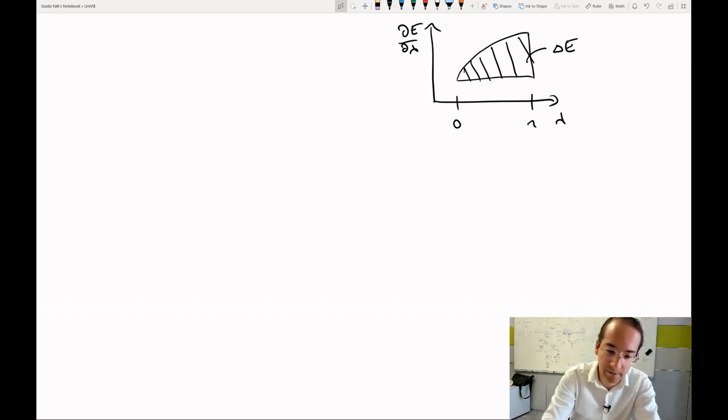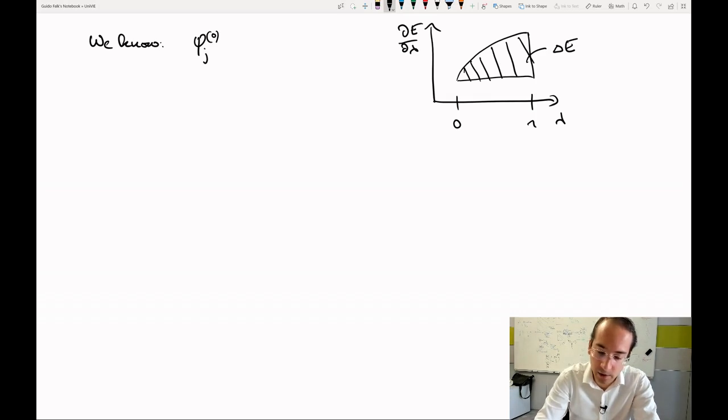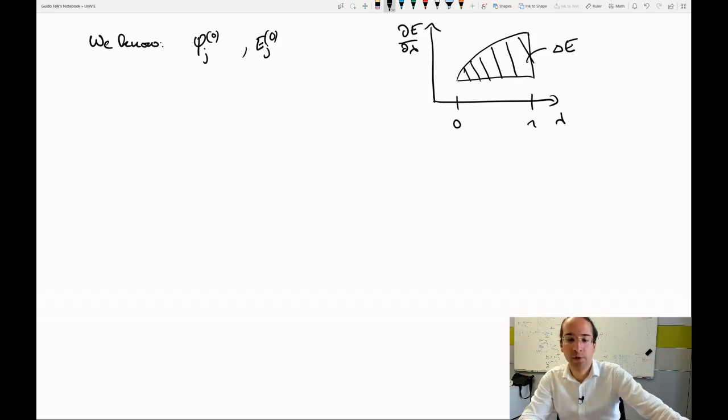So what we do have of the reference, we know the eigenfunctions, which I will write like this, and we know its eigenvalues, that would be the corresponding energies. And I will write the superscript 0 in order to make sure that this is the 0th order perturbation.